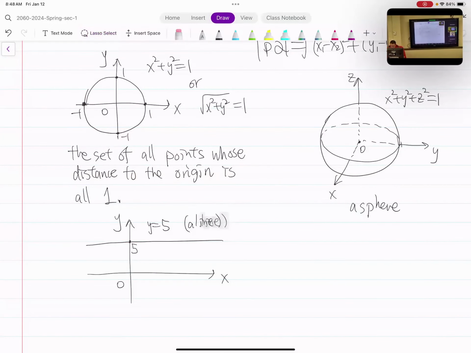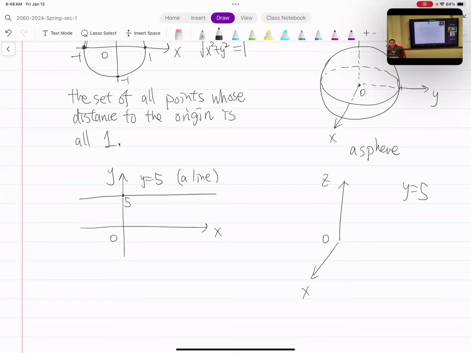Okay, so now if that's a line, then what happens if you are in 3D? What do you think? The same equation, y equal to 5. What does it give you? So now y equal to 5, right? That means x and z coordinates are all free, right? Originally we only have x to be free, but that's one dimension.